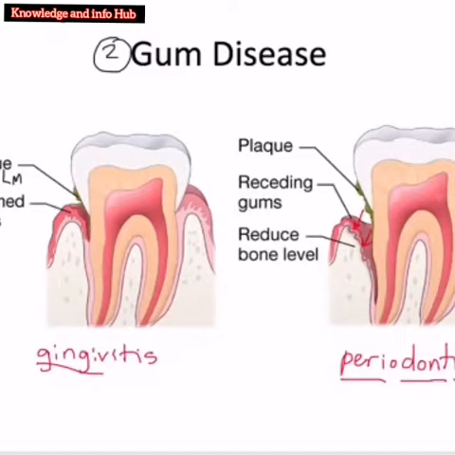Again, this is a more severe disease process, and the way to distinguish periodontitis from gingivitis is that periodontitis involves bone loss, whereas gingivitis does not. So periodontitis is an irreversible process because, unless we're doing a graft or something like that, bone is very difficult to reform.